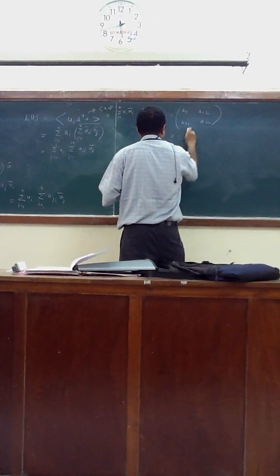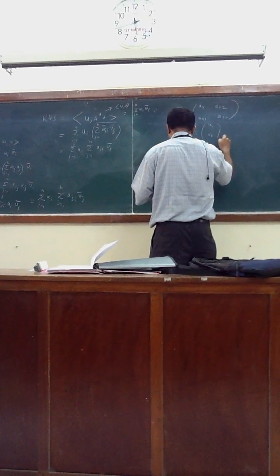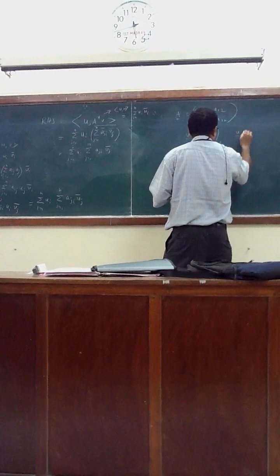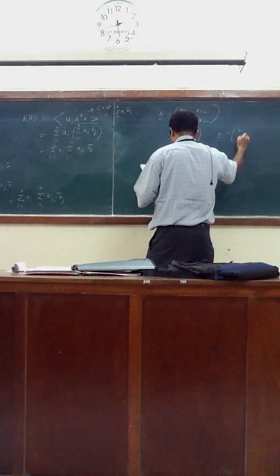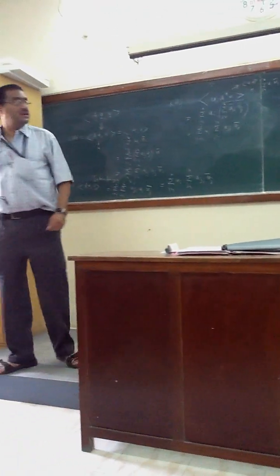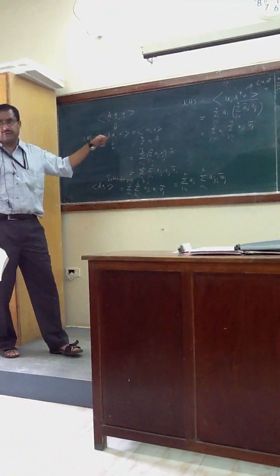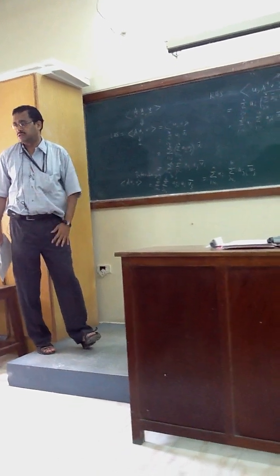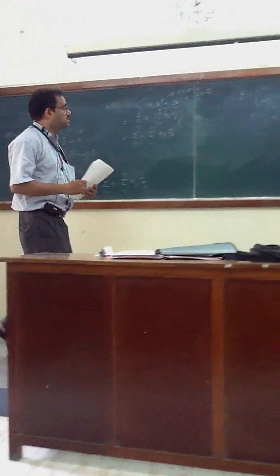Vector V: V1, V2. Vector U: U1, U2. Verify. Now I said that we have done the derivation, and now it is school level mathematics.